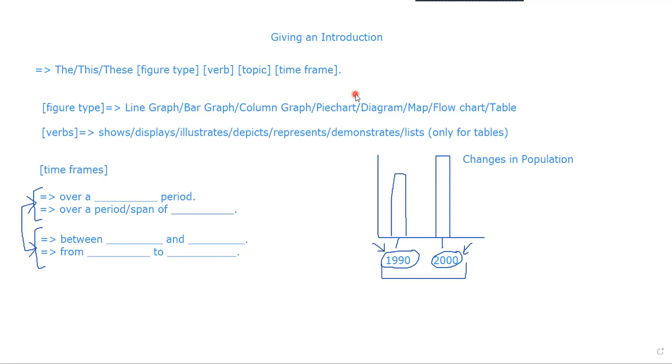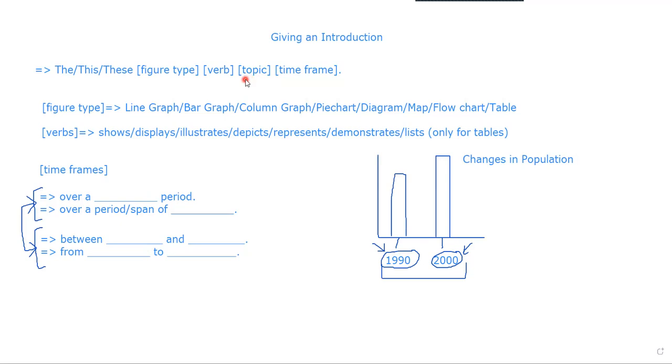So these are some strategies that you can use to paraphrase any types of visual information analyzing question. Is that clear to everyone? Yes.